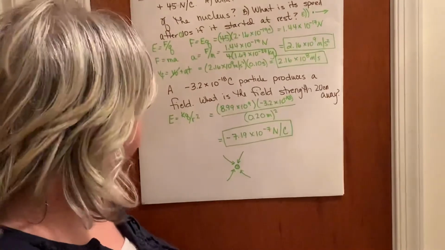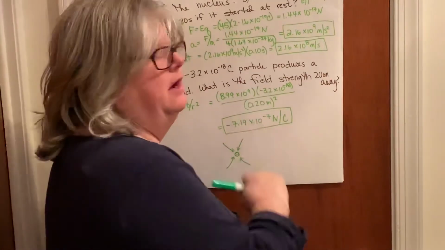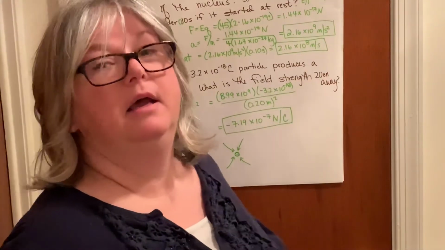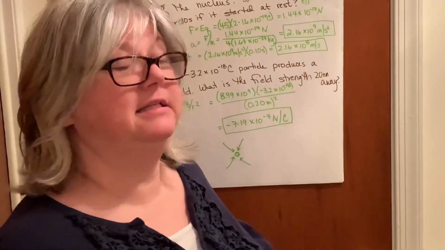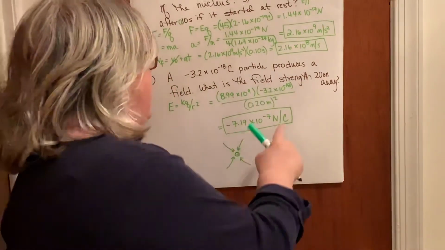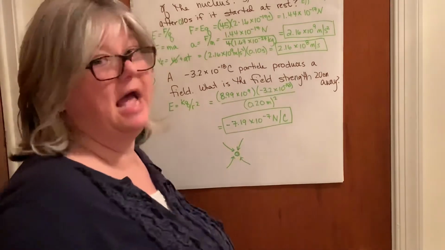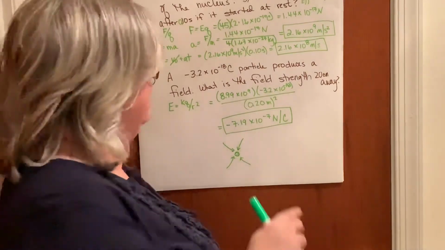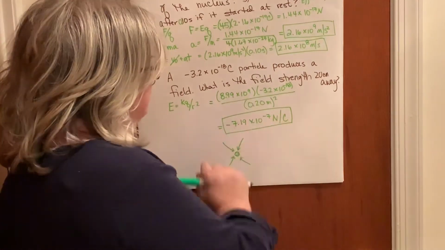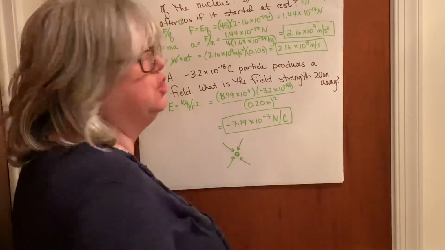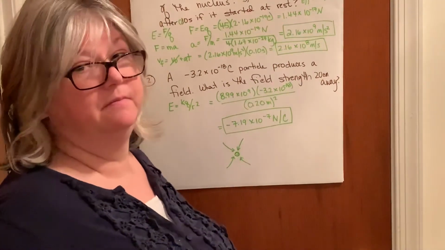If it were positive, my arrows would go in the other direction. The other thing about field lines is the greater this value, the more field lines you have. I have a relatively low electric field, so I'm only drawing a few field lines.